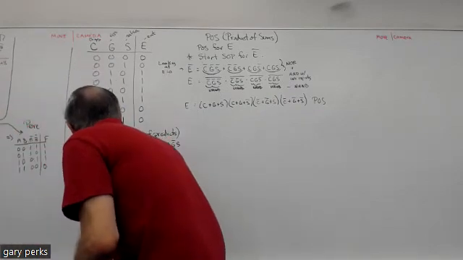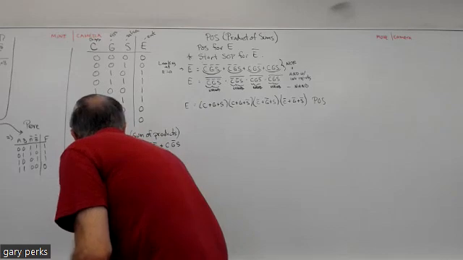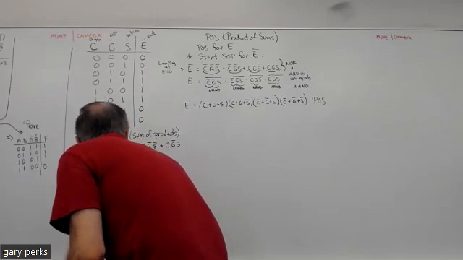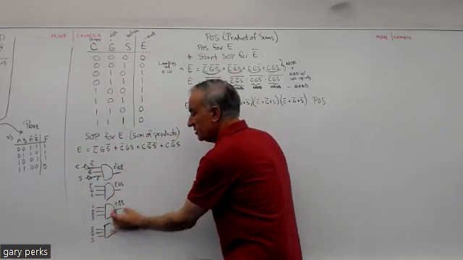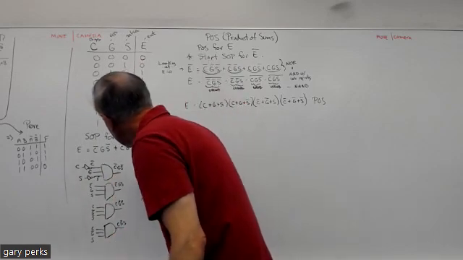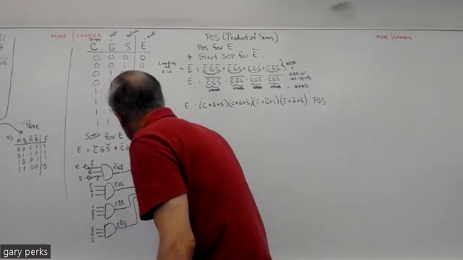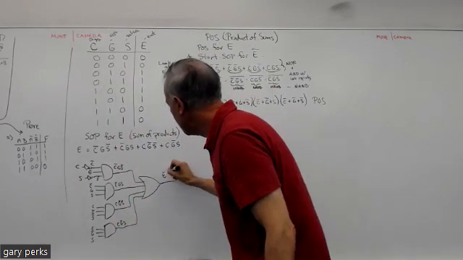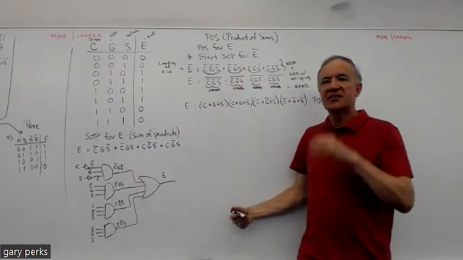And then here we'd have not C, G, S. Here we'd have C, not G, not S. And then here we have C, not G, S. These combinations get ORed together. So we just have one 4-input OR gate. These would all come into an OR gate. And then at the output of this OR gate, we have this expression, because the OR gate takes each one of these combinations and ORs them together.